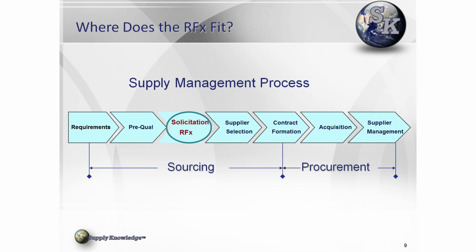Then following the solicitation phase is the supplier evaluation and selection process, contract negotiation, and contract formation. The actual ordering and receiving of the goods or services, and the ongoing management of the supplier and the contract, including contract closeout and surplus disposal in the case of goods.